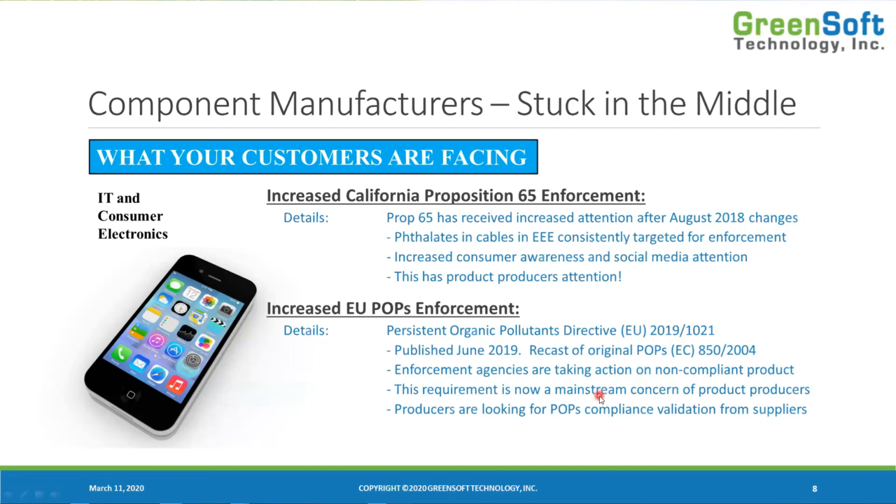Enforcement agencies in Europe are taking action on non-compliant products, and we have an example of that on our blog if you want to take a look at a recent one, where a digital multimeter was pulled off the market for violating not only the POPs directive, but also the RoHS directive. So enforcement is happening, and companies are aware of that, and they're starting to put POPs on their radar. So they'll be coming to you and asking you to validate not only that your products are free from persistent and organic pollutants, but also that your processes in producing those are as well.